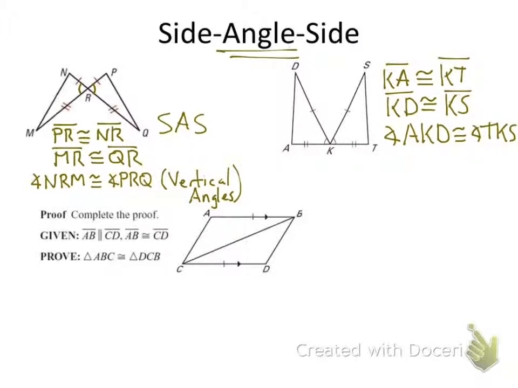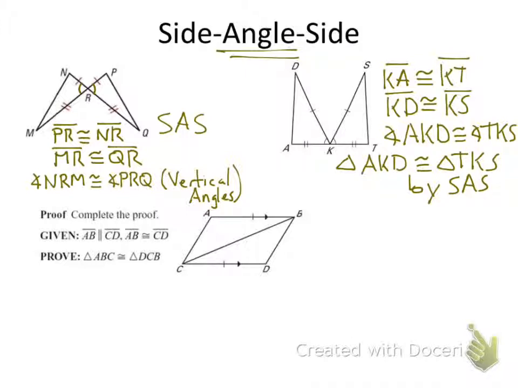Now this is side, angle, side. Notice our angles between the two sides. The angle is where the two sides meet. It's the point they have in common. So I could even say triangle, well, I'll just take the letters I used for the angle, AKD is congruent to triangle TKS by side, angle, side.